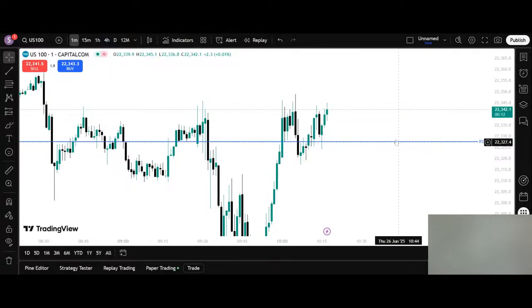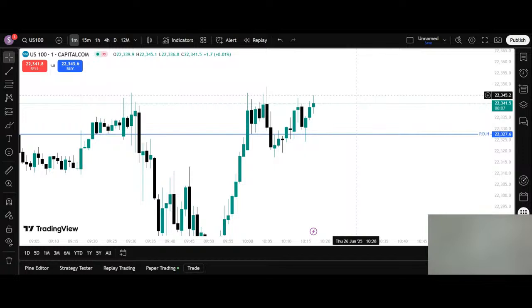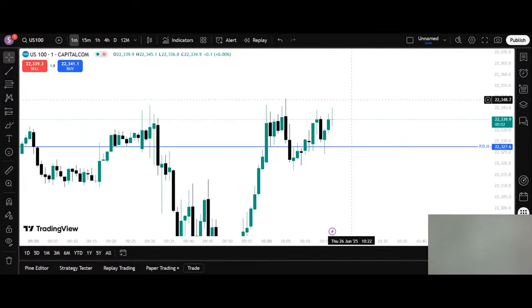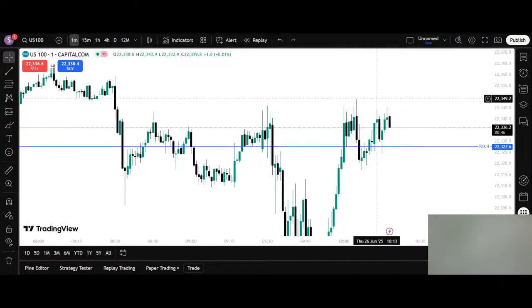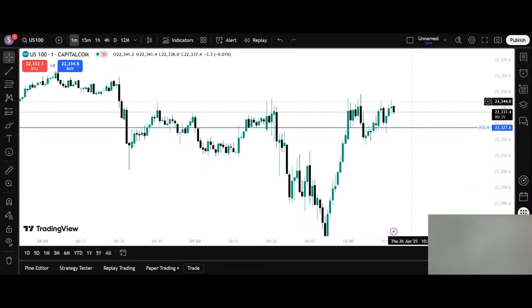Price seems to be pumping up now. It has also made a bullish FVG, but to be honest, I don't trust it. If you're looking for a buy, it would be better to wait until price gives us a strong momentum above here. Until then, it's very risky to buy.